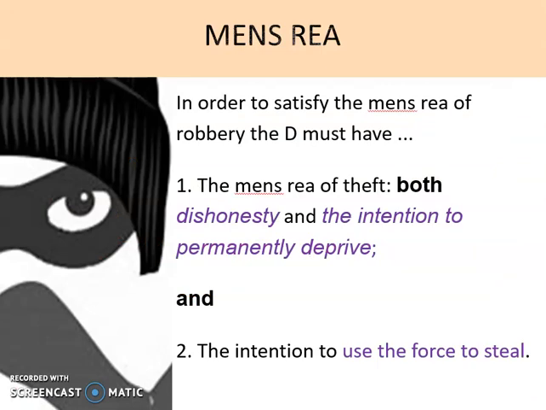We've looked at the actus reus of robbery now. We know that we need a completed theft and force or threat of force before or at the time of the theft in order to steal. The mens rea for robbery has two elements to it. There must be the mens rea of theft, dishonest intention to permanently deprive, and the intention to use the force in order to steal.